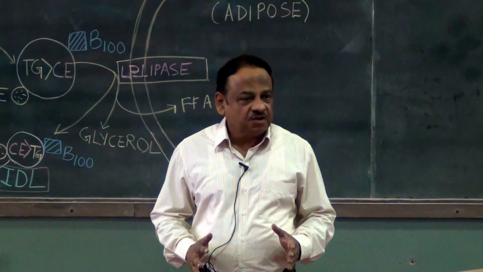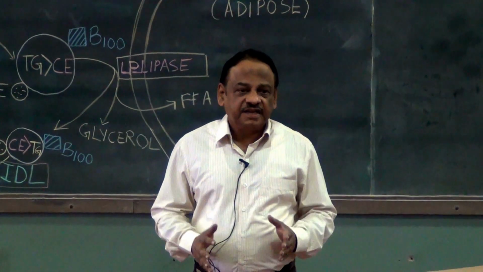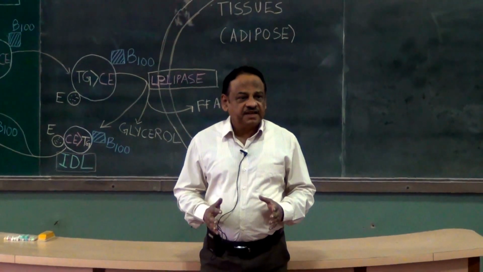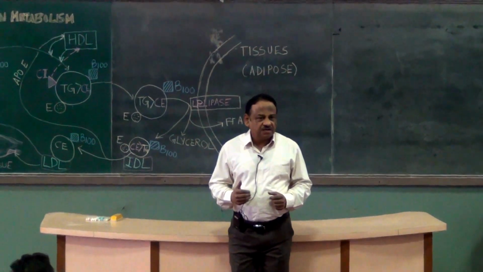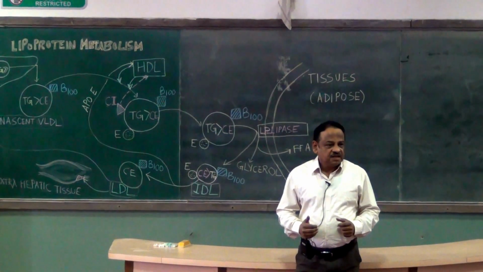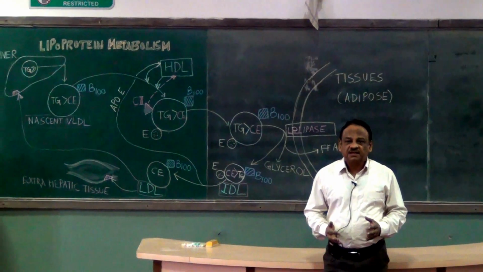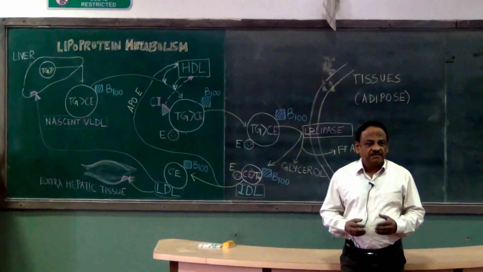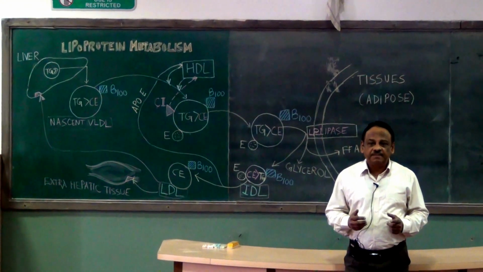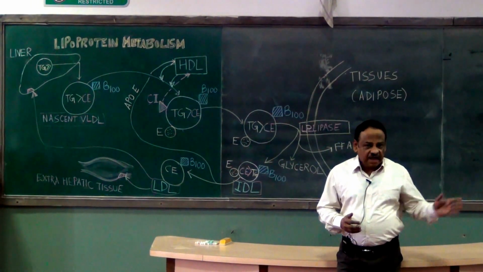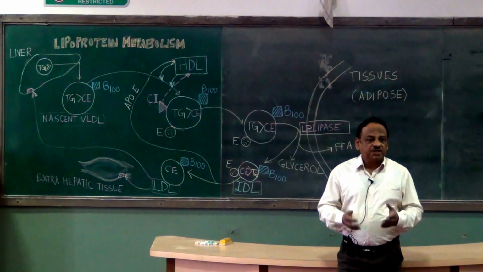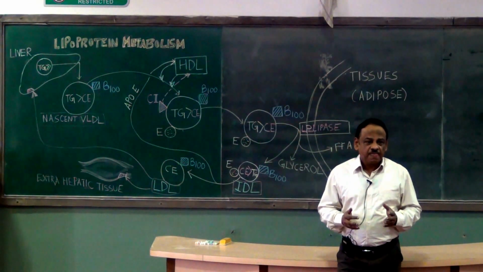So they are known as the chylomicrons. They contain the dietary triacylglycerol, cholesterol, phospholipids, fat-soluble vitamins, and these are further absorbed into the lymphatic system and then come into the portal blood.